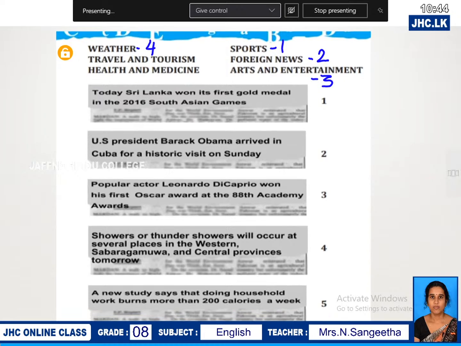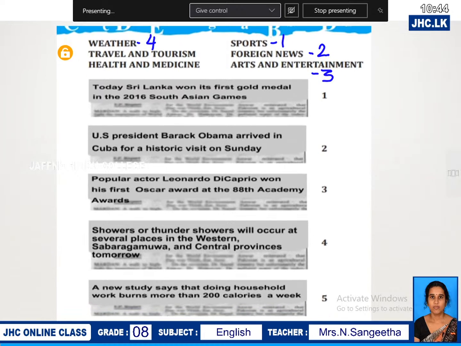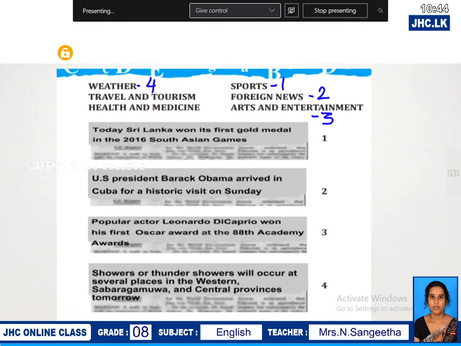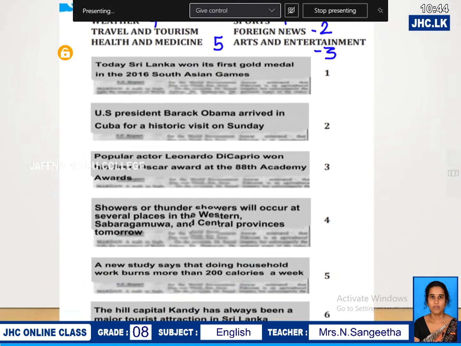And the next one. A new study says that doing household work burns more than 200 calories a week. Right. What is it? It's about our health. So, health and medicine.